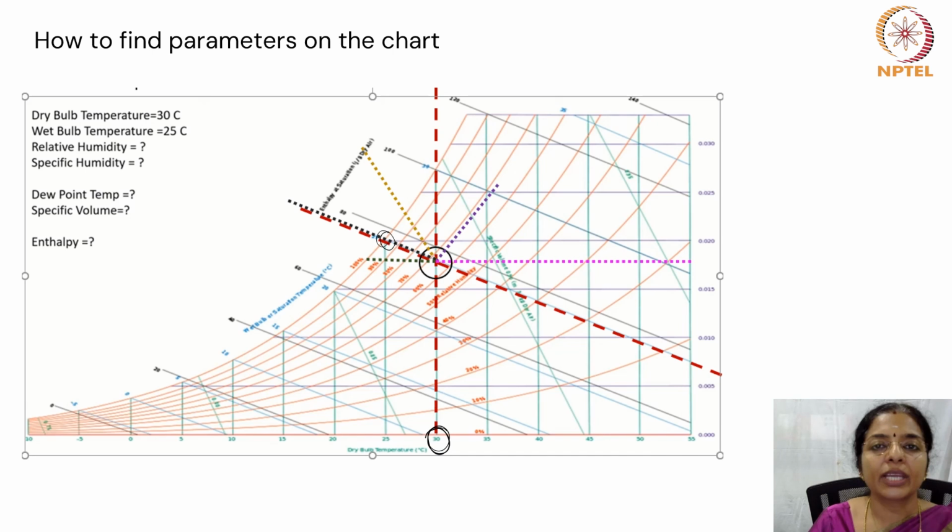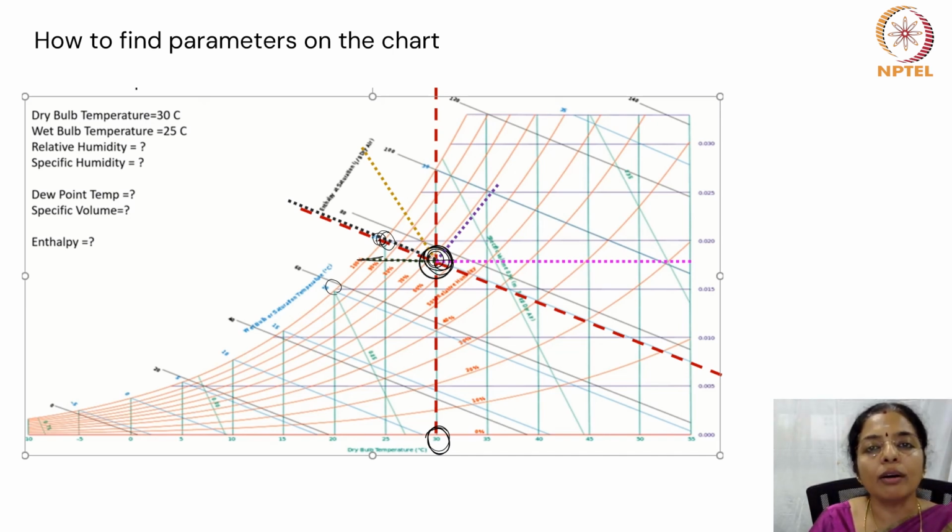Then you draw parallel lines at the given parameter values, dry bulb 30 and wet bulb 25, and find the intersection.